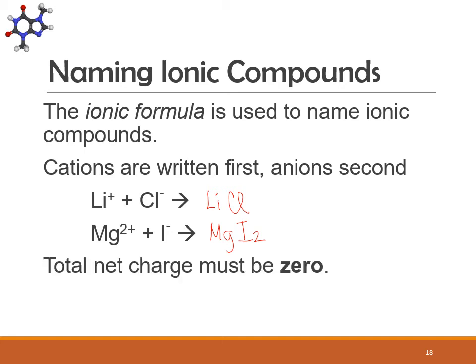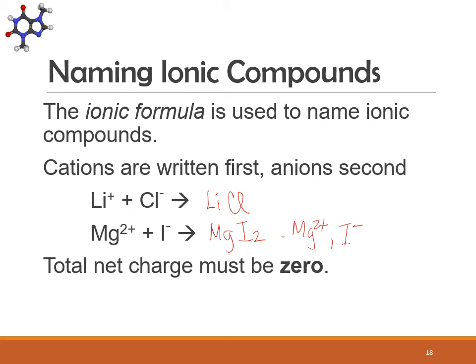When writing and naming ionic compounds, it is important to note that the total charge of the ions in the compound must be equal to 0. Let's take the case of magnesium iodide. Magnesium has a 2+ charge. The iodide ion only has a -1 charge.